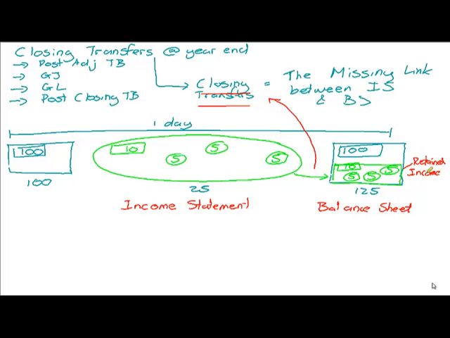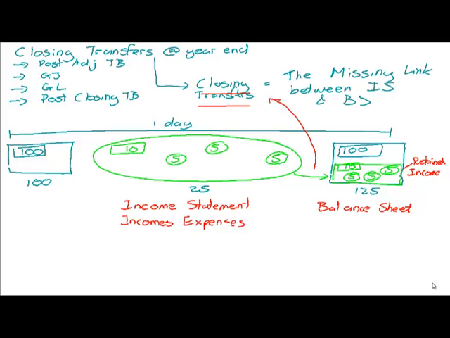Okay, so that's the very specific place in the balance sheet that Tabo is going to put this money. So our closing transfers is going to take my incomes and expenses, right? Inside the income statement are incomes and expenses, and we're going to take that and place it in a very specific place in the balance sheet known as retained income. And that is what my closing transfers aim to do.